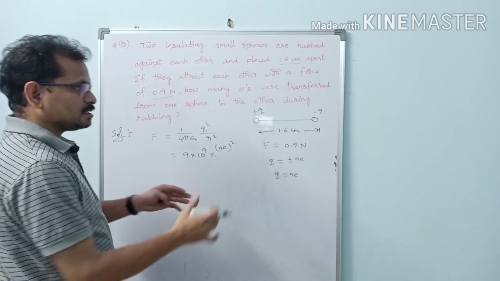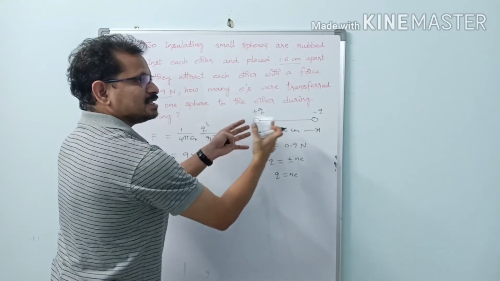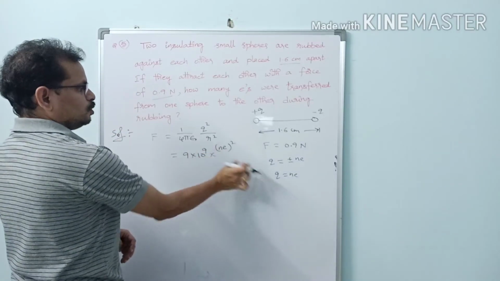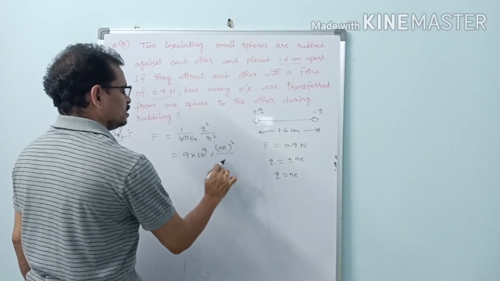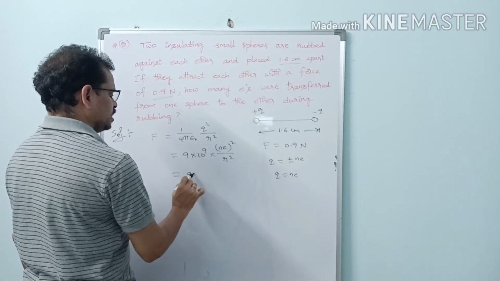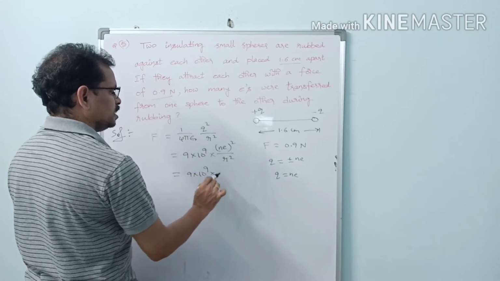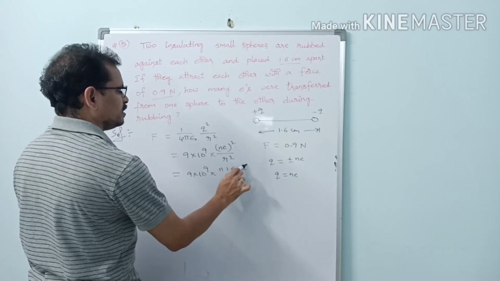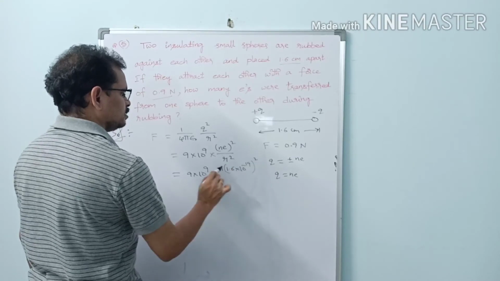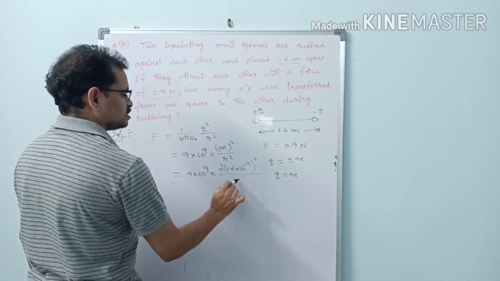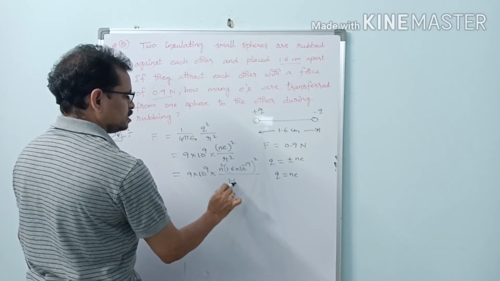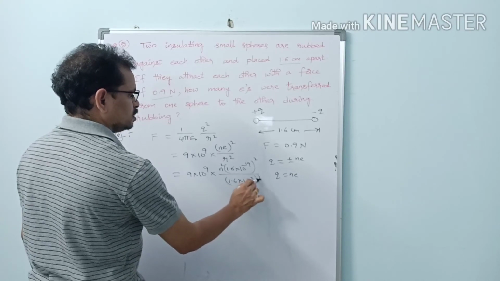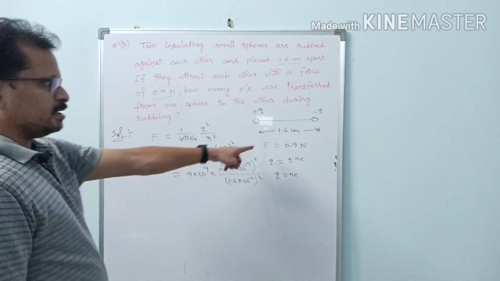Since these bodies acquired charges due to transfer of electrons, Q equal to Ne. So (Ne) whole square by r square. This is equal to 9 into 10 power 9, into N square, into e which is 1.6 into 10 power minus 19 whole square, by r square. What is r here? 1.6 into 10 power minus 2 meters whole square, converting centimeters into meters.